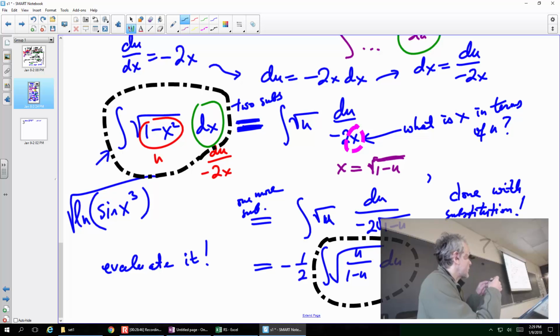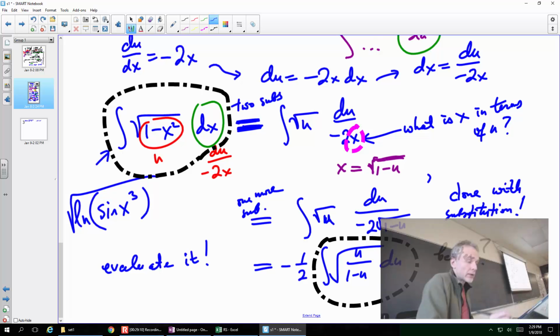Because even though the computations were correct, our choice of substitution appears to be unwise, because we ended up with something that is just as complicated as the original. Okay, so once you understand that, you start looking for another substitution, and the substitution, unfortunately, is not obvious.